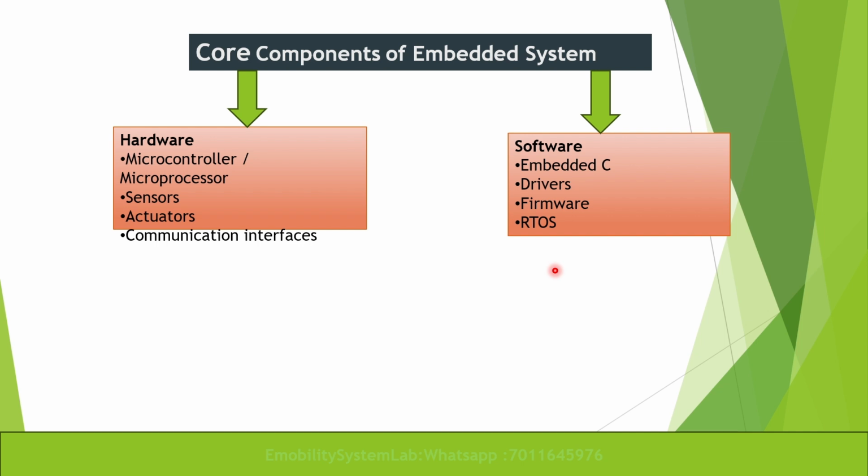In normal C, we cannot directly control the hardware peripherals, but in embedded C, some special functions are given. The syntax is almost the same, but the functions are different. In embedded C, the functions control the hardware or peripherals of the microcontrollers.